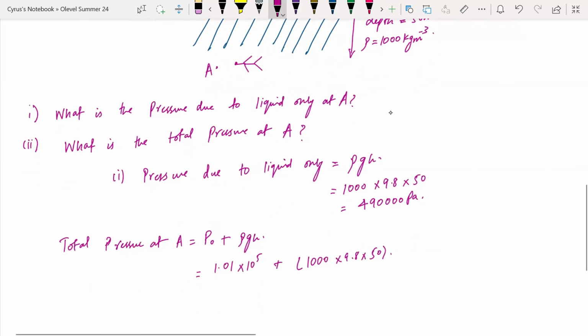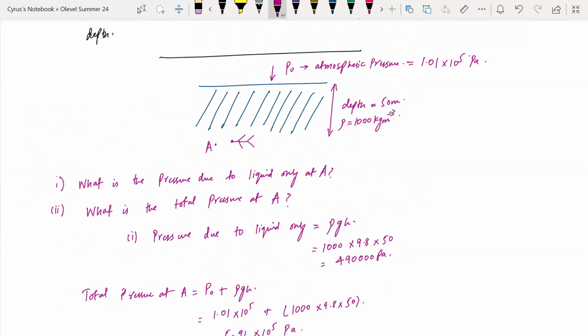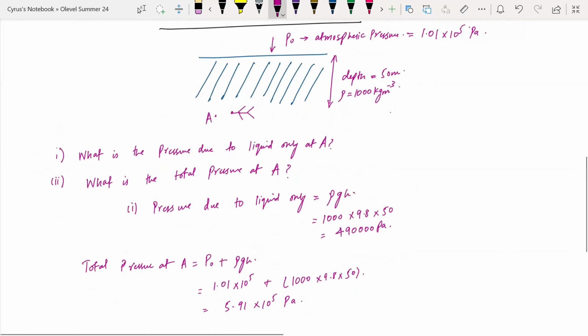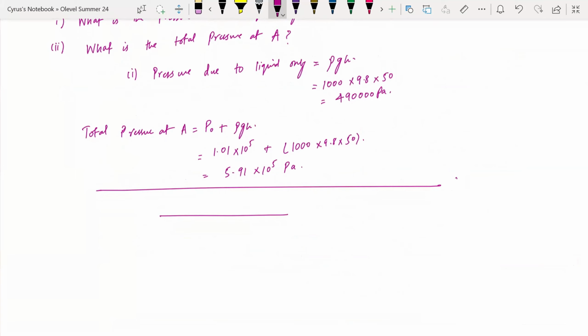The answer is going to be 5.91 into 10 raised to power 5 Pascal. The atmospheric pressure will be added with the pressure due to liquid. Is that clear, everyone?